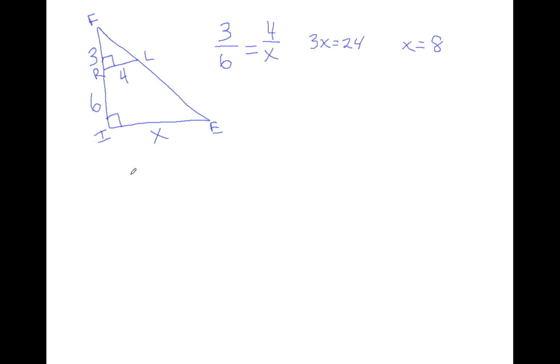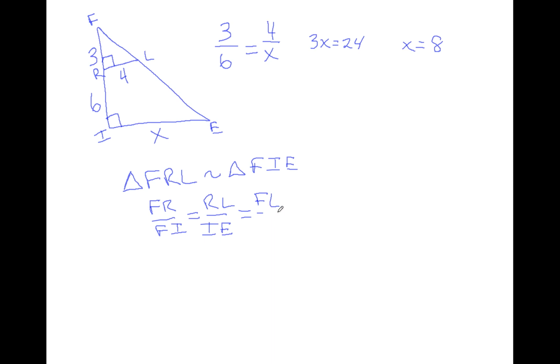So if you run into this case, what you should do is go back to Old Faithful, which is similar triangles, triangle FRL similar to triangle FIE. So then FR goes over FI, RL goes over IE, and FL goes over FE.